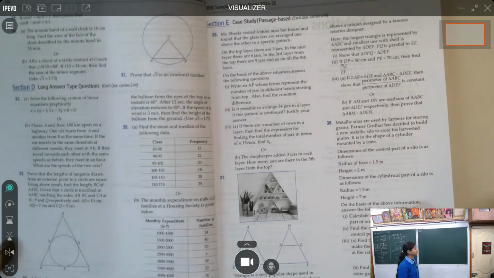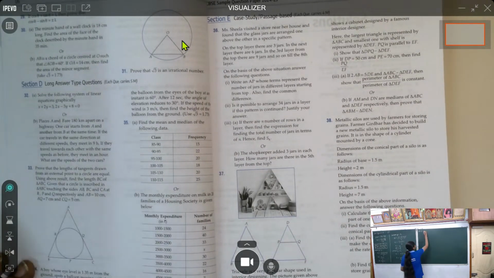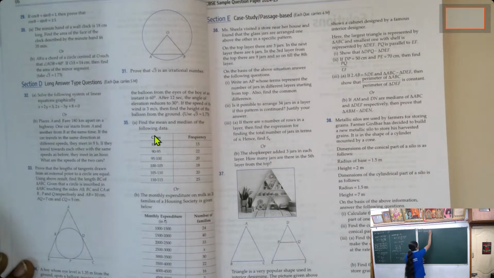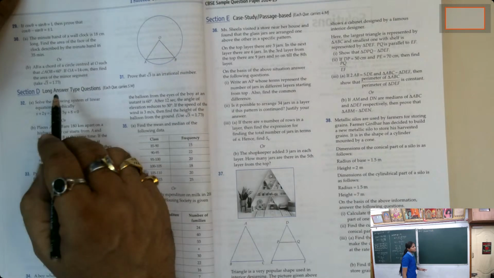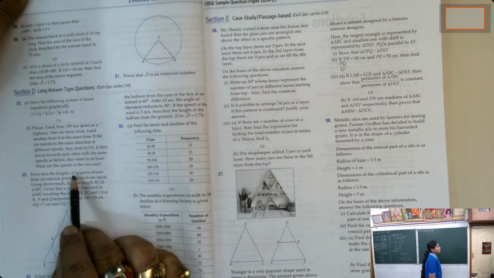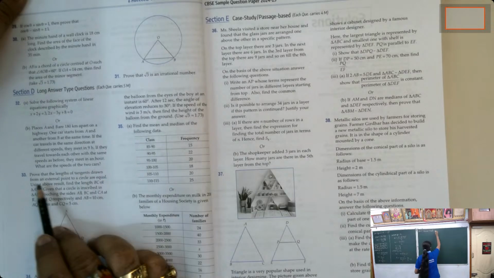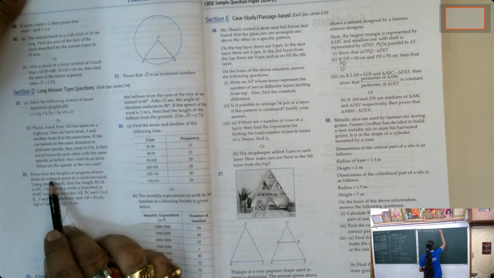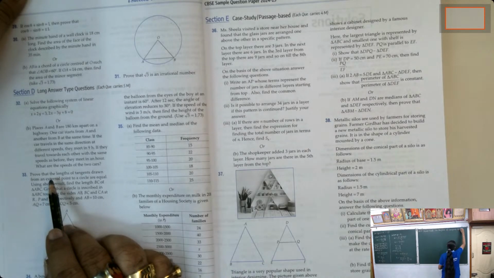Prove that the lengths of tangents drawn from an external point to a circle are equal.